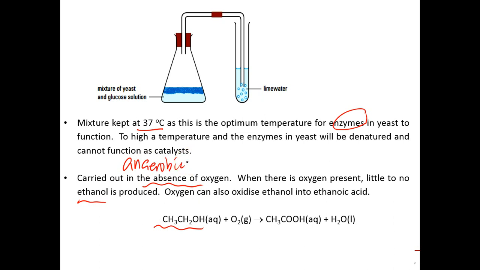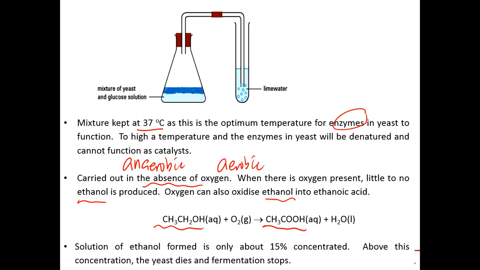This reaction takes place only when there's no oxygen present. When oxygen is present, the yeast undergoes aerobic respiration. During aerobic respiration, carbon dioxide and water are produced. You don't get your ethanol. And if oxygen is present as well, ethanol can be oxidized into ethanoic acid, and we don't get ethanol at the end of the day.